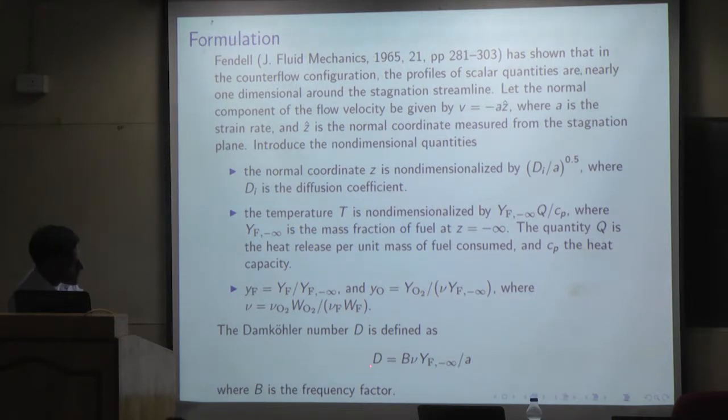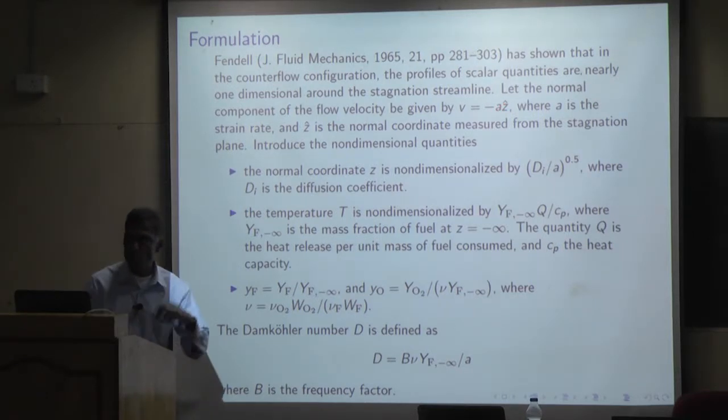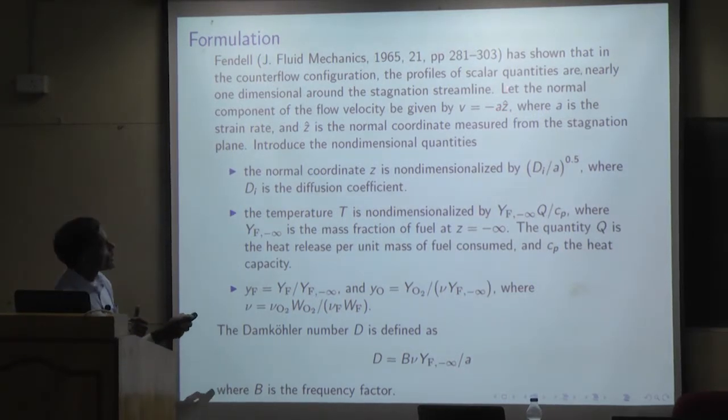The Damköhler number here, so that's the strain rate in this equation, is actually the reciprocal of the characteristic residence time, because the strain rate has units of 1 over seconds, right? 1 over time. So therefore the reciprocal of that is the characteristic flow time. So you can see that the Damköhler number has a in the denominator.